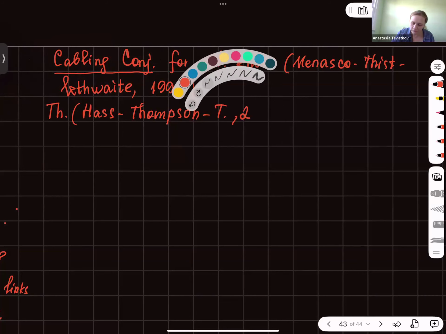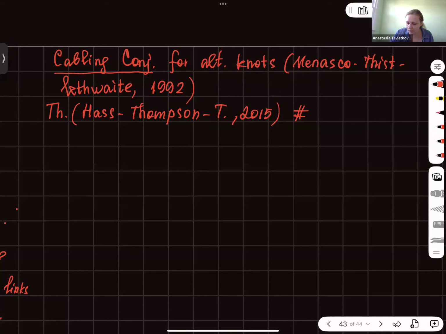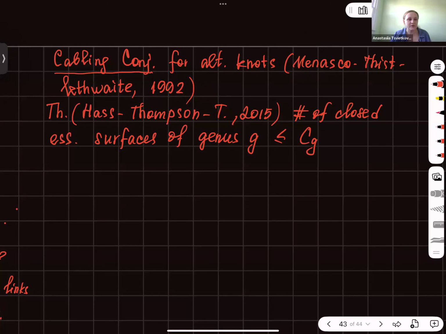And it establishes a polynomial bound for an alternating link for the number of closed essential surfaces of genus G. So the number of closed essential surfaces of genus G is at most, and what we have is a constant C sub G. So this constant, it's actually a function of G, but once you fix G, it's a constant.